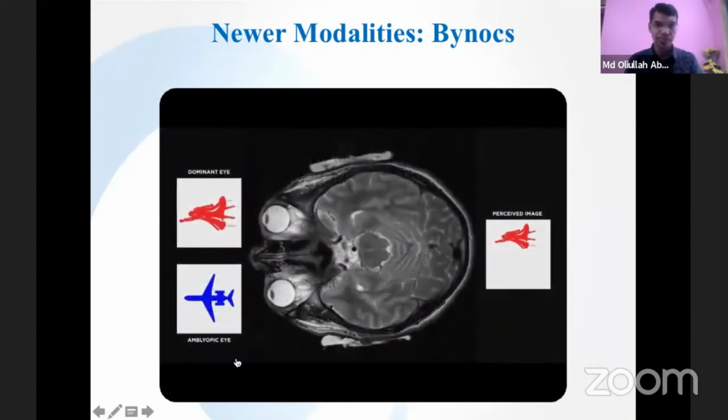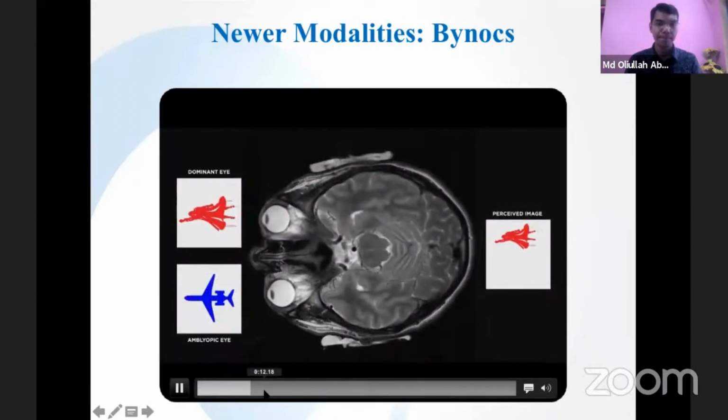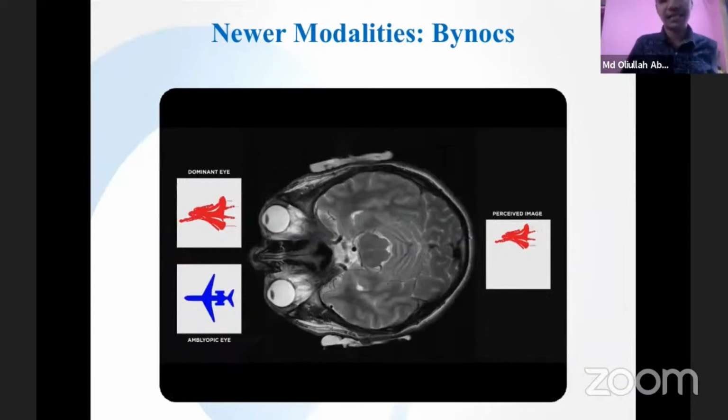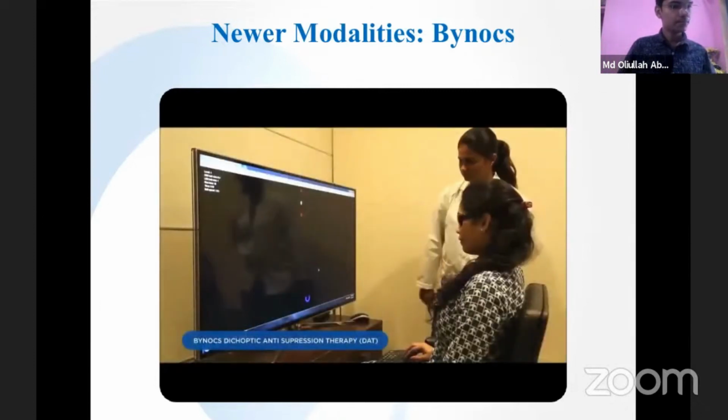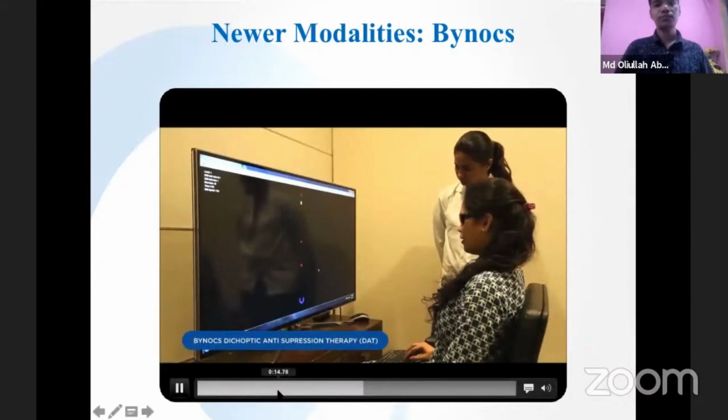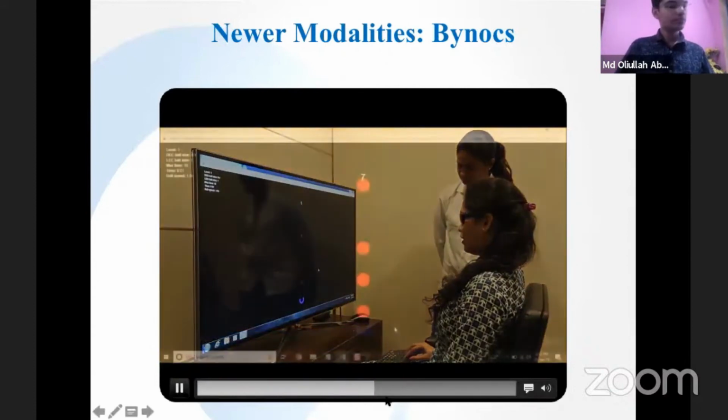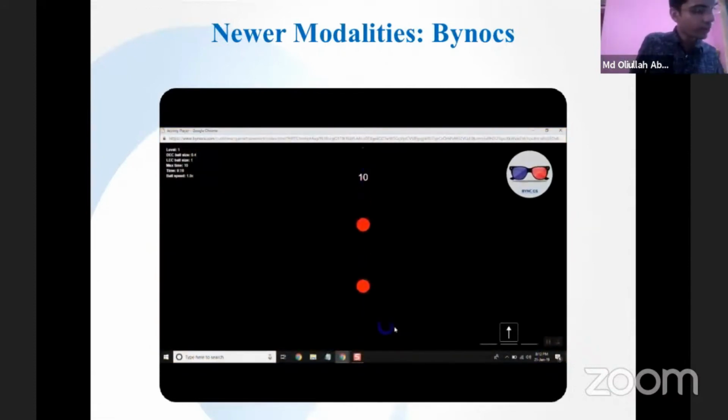Dichoptic therapy: a contrast-adjusted stimulus is presented to each eye, with the better eye getting the stimulus with reduced contrast. It promotes development of binocular vision by reducing inhibitory interactions and suppression within the ocular dominance column. Bynocs now offers this dichoptic anti-suppression therapy in the form of games.